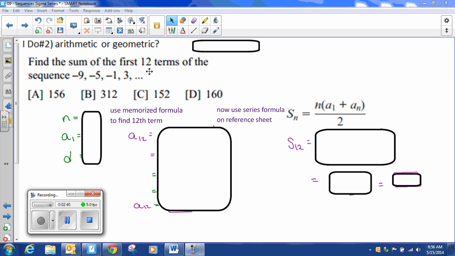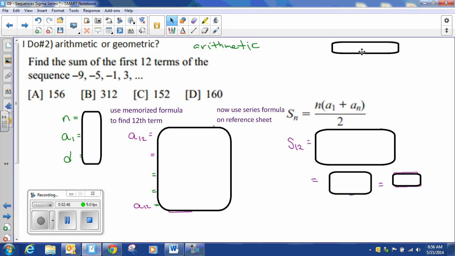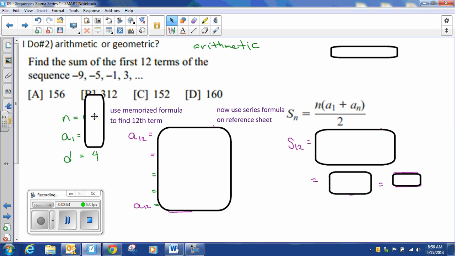Number 2, find the sum of the first 12 terms of the sequence -9, -5, -1, 3, and so on. As you can see, this is arithmetic because we are increasing by 4, so the common difference is 4. n is 12, and the first term, a sub 1, is -9.